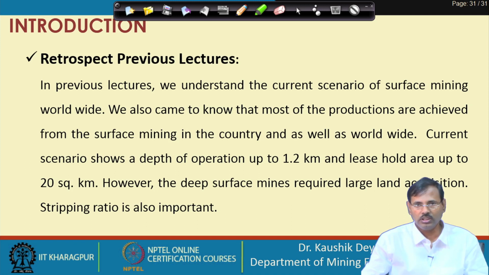After the deposit is established through this block modeling and grade distribution system, the mining people understand the distribution of the deposit inside the rock mass. Then they first do the feasibility analysis of the deposit.